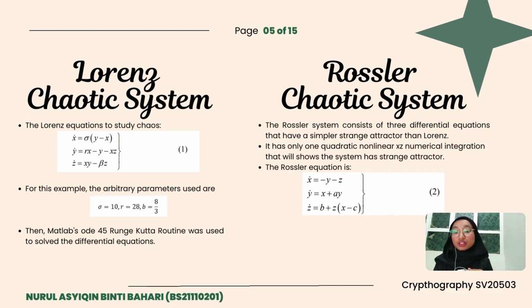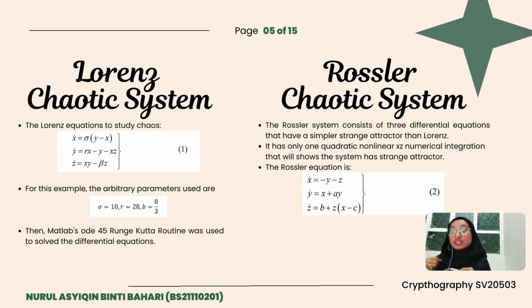And dz over dt equals xy minus bz, beta z. For this example, the arbitrary parameters used are sigma equals 10, r equals 28, and b equals 8 over 3. And then MATLAB's ode45 Runge-Kutta routine was used to solve the differential equations.